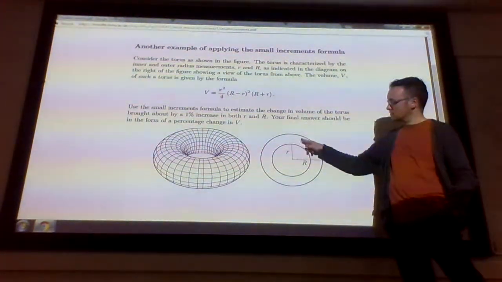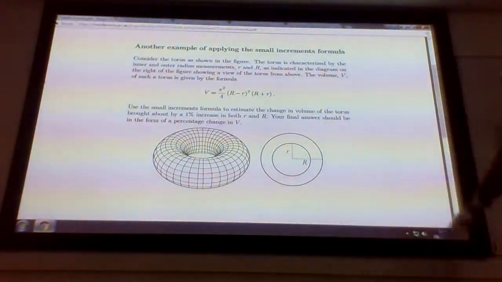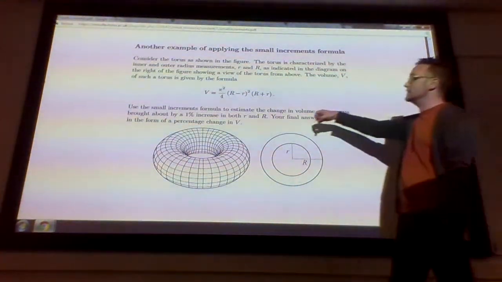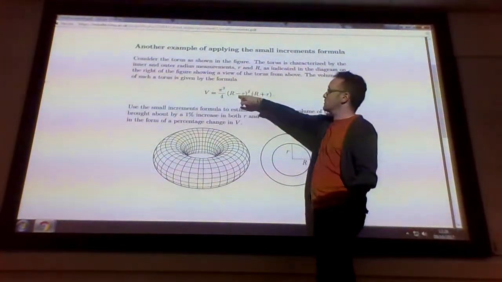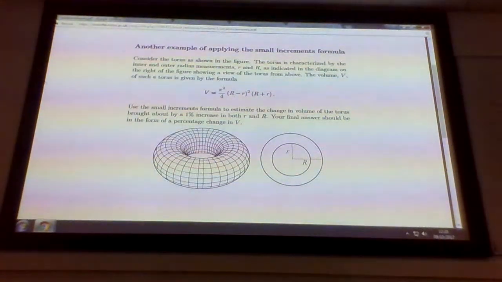This is the inside of the torus here. This is a kind of plan view of it. The equation for the volume is this nice expression here: pi squared over 4 times the square of the distance times the sum of the radii. But what we're imagining now is that both radii are increasing by 1%.